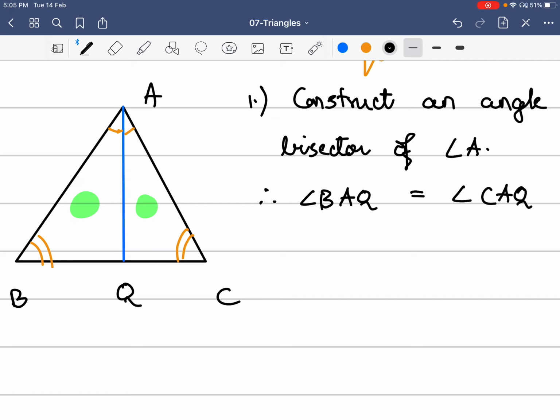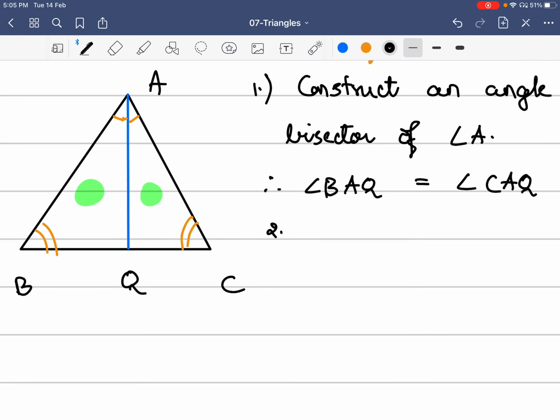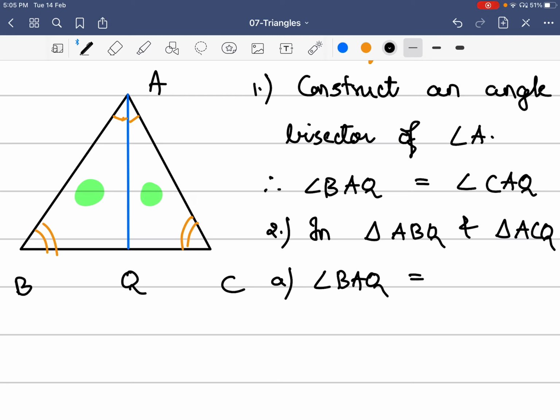Now, point number two, in triangle ABQ and triangle ACQ, we have angle BAQ equal to angle CAQ from statement number one.